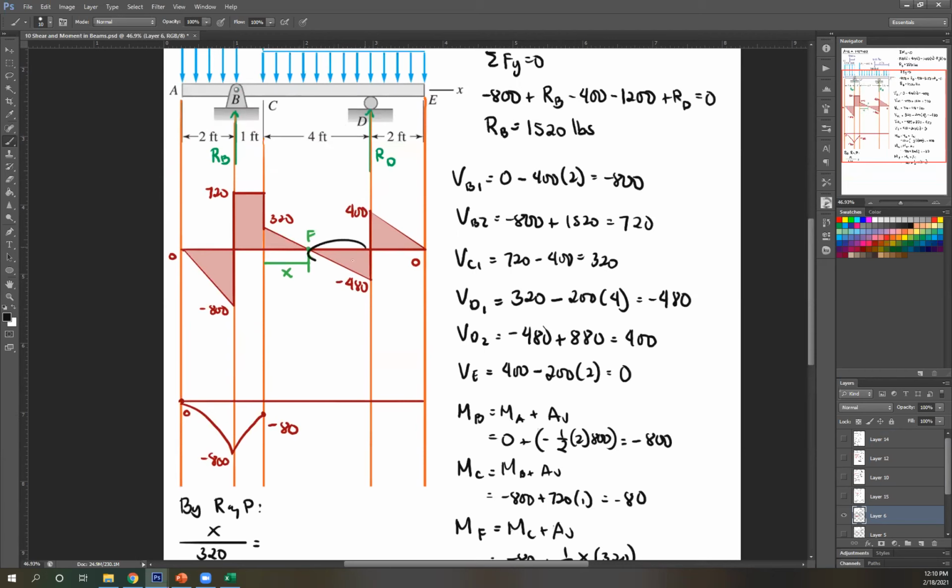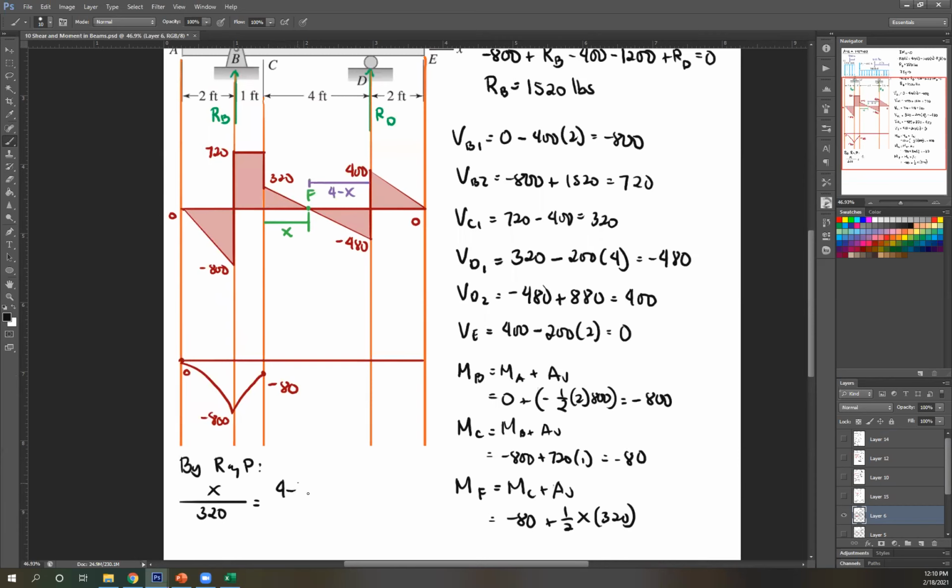This is x, therefore this is 4 minus x, right? Let's note that. So 4 minus x all over height, which is 480. Okay, please solve for x. What's the answer?